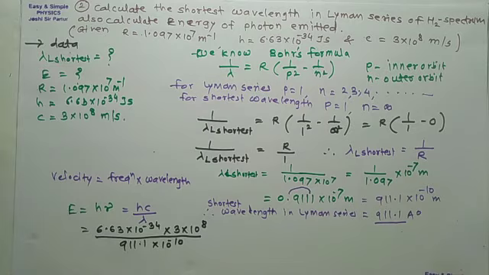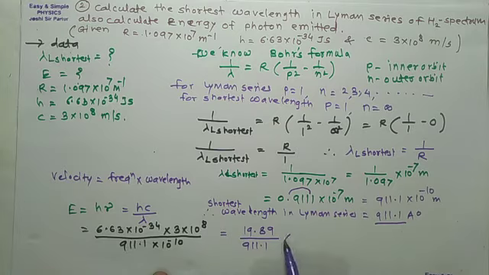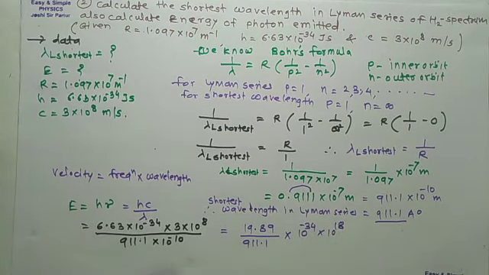So here multiply 3 to 6.63, its multiplication will be 3 3 the 9, 6 3 the 18, 1 is remaining, 6 3 the 18 and 1, 19.89 divided by 911.1 into 10 to the power minus 34 into 10 to the power 18.